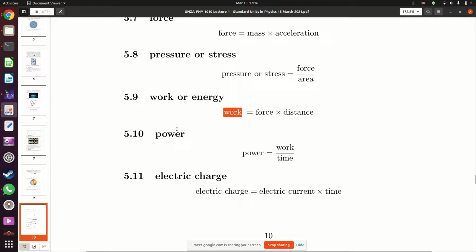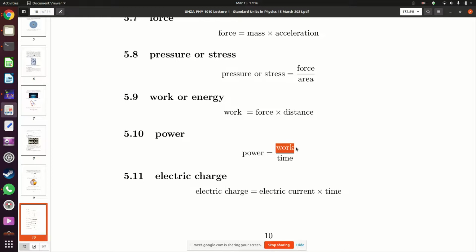Then there's power. How do you get power? Well, whatever work you have done divided by how much time you have taken to do the work. So basically, power is how fast someone is doing work. So work divided by time. Here we are carrying out a division. We are dividing work by how much time it has taken to carry out this work. So again, the principle holds.